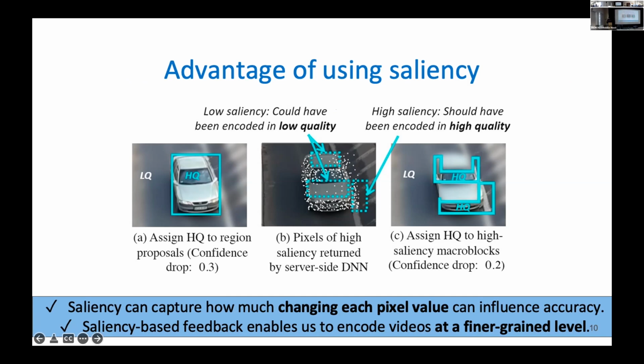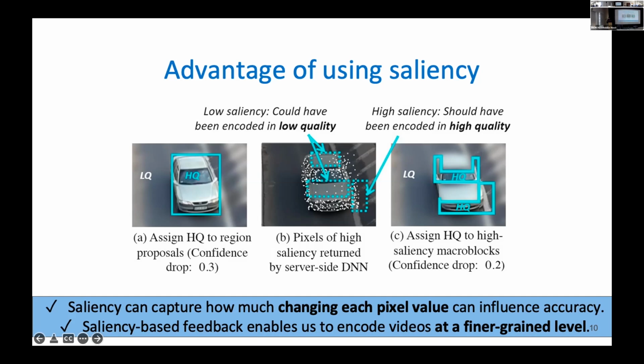As we can see in figure B, for example, we have many pixels to the right side of the car bounding box, or the car region proposal, that are very influential to the inference accuracy, because not encoding these pixels in high quality would result in a substantial accuracy drop as a form of performance penalty.